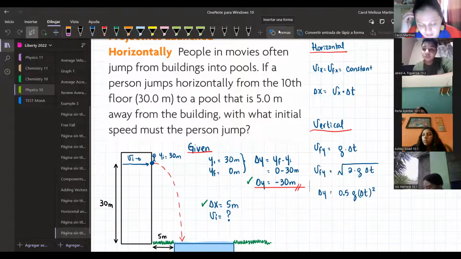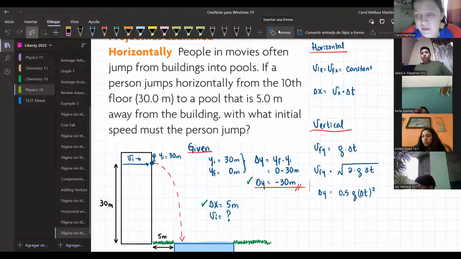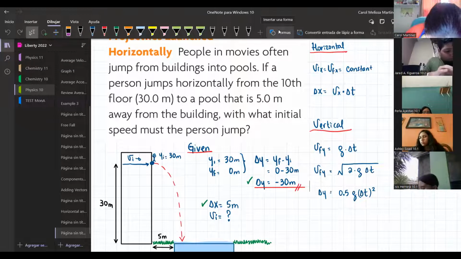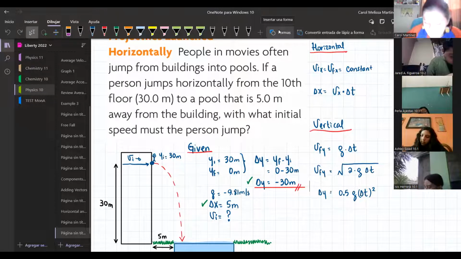And of course, there is always an implicit given, even if it's not written in the word problem: gravity. Gravity is always part of the given. So basically, my givens are delta y, gravity, and delta x.